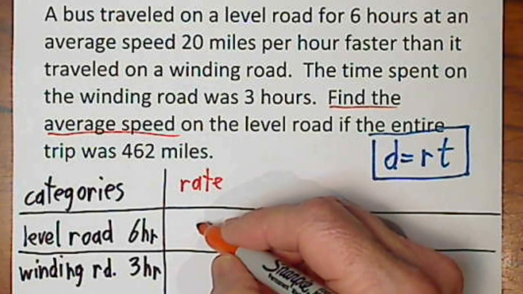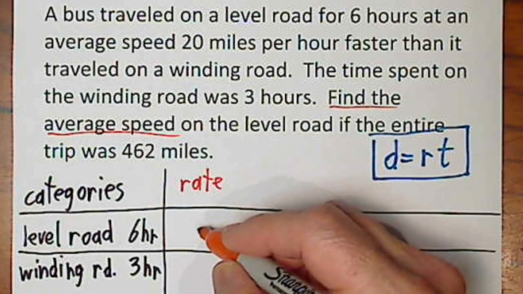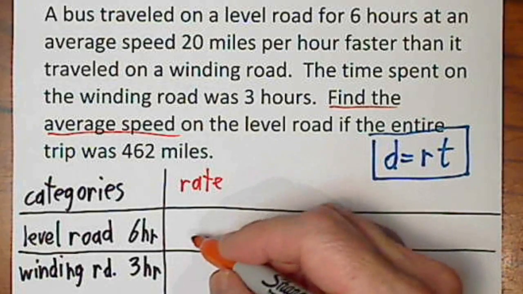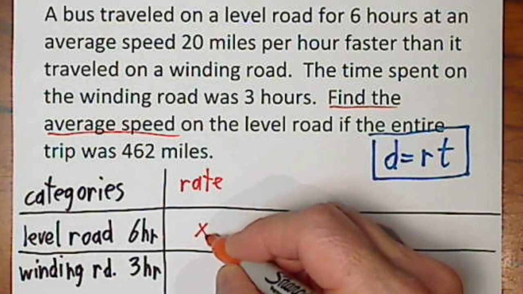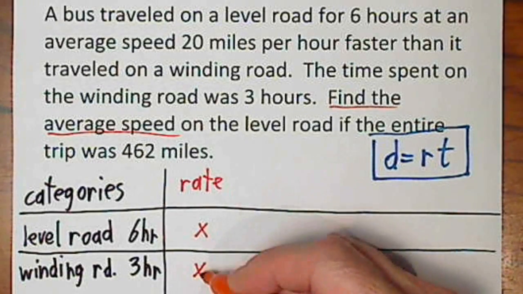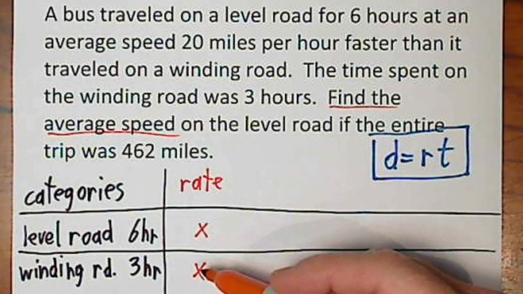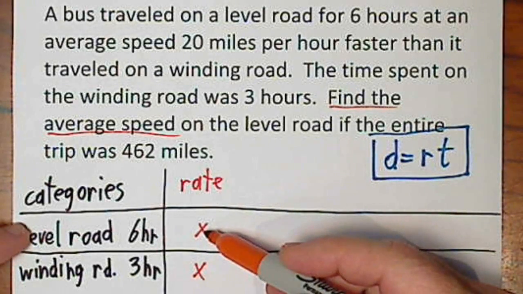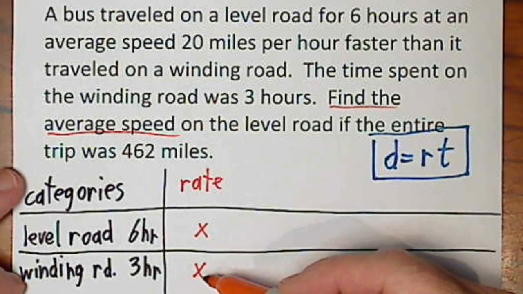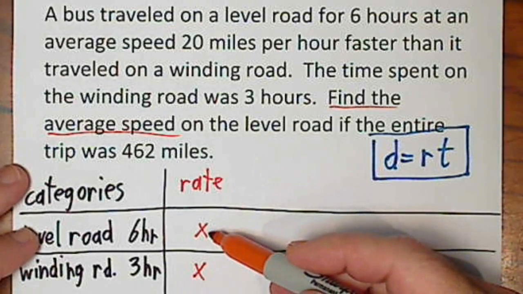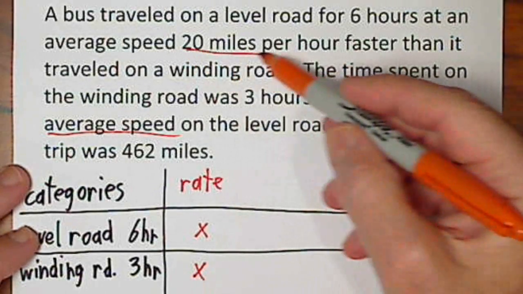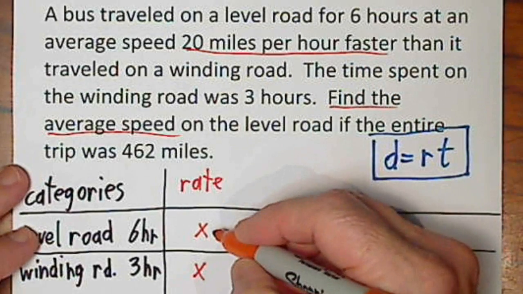I'm just going to use X for the rate. Alright, and again, they're compared to each other, but they're not the same, right? We're going faster on the level road than the winding road. So it said the level road was 20 miles per hour faster.